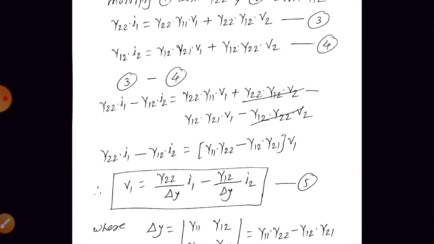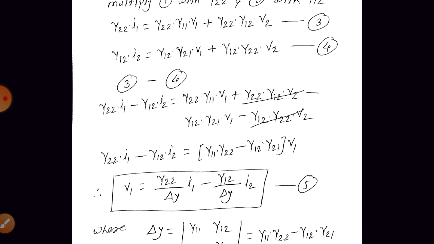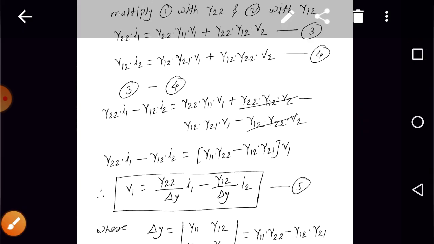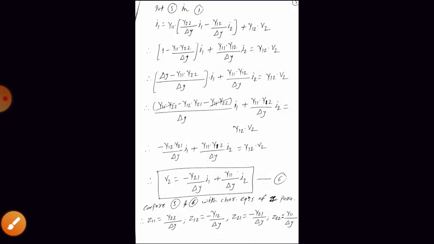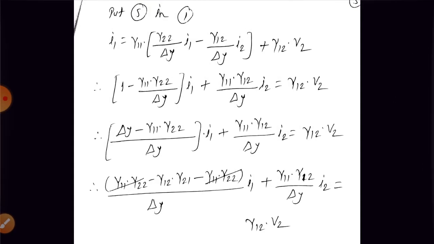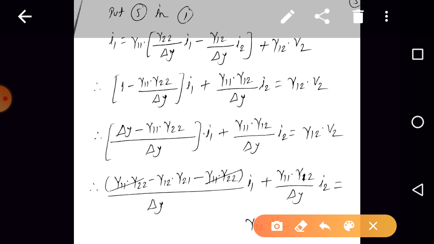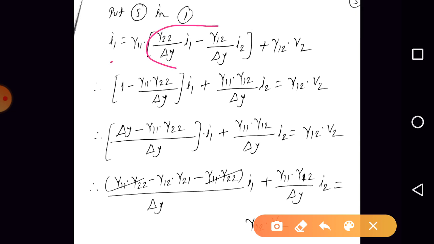Next, for getting the expression for Z21 and Z22, we can put in either equation 1 or equation 2. If we put equation 5 in equation 1, means in equation 1 we have I1 is equal to Y11 into V1, we are going to replace this V1 with this term, that is equation 5.